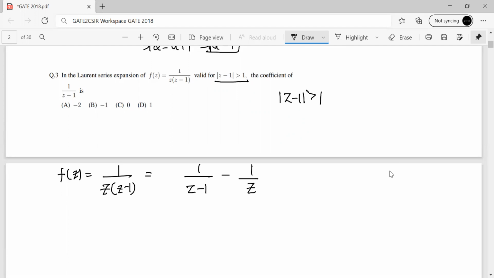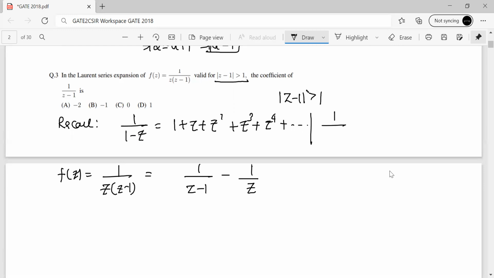So recall 1 over 1 minus z is 1 plus z square plus z cube and z power 4 and so on. And when you have plus 1 over 1 plus z, you get the same result except alternate plus minus sign. Rest everything will remain the same.